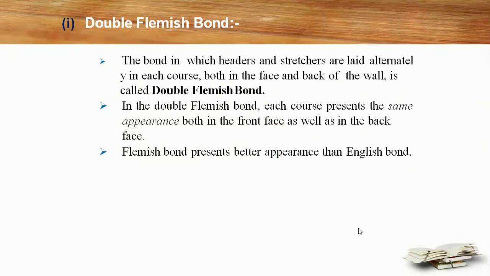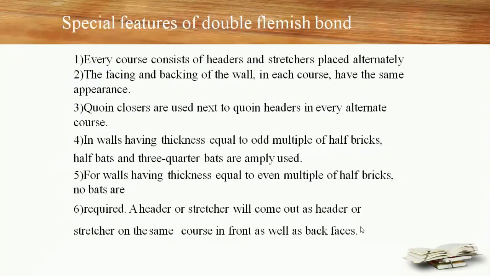In case of the double Flemish bond, both faces of a wall have a Flemish look, that is, each course consists of alternate headers and stretchers. These are some special features of double Flemish bond.